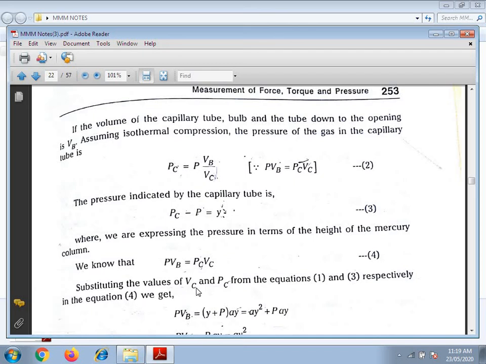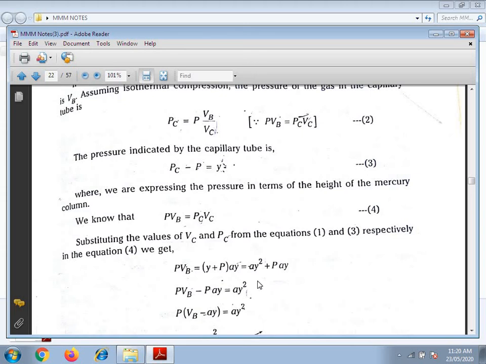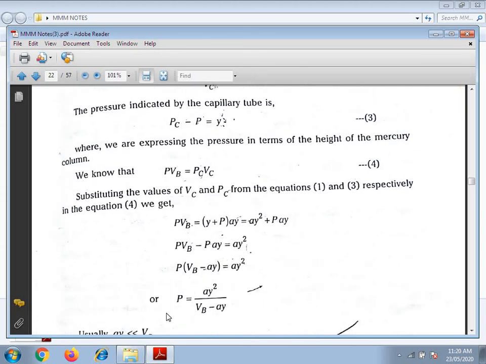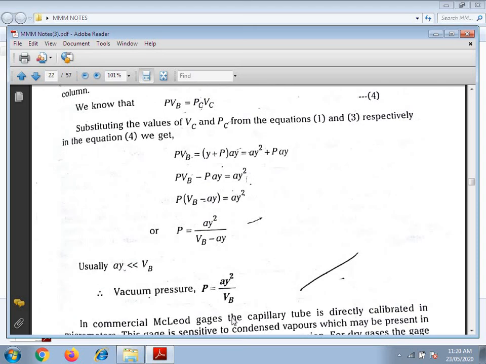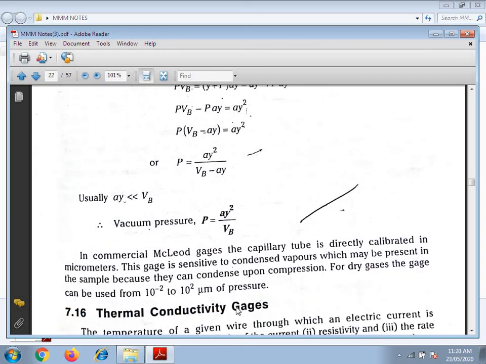So substituting these values of PC from equations 1 and 3 respectively in equation 4, we will get this one. To simplify, we get P is equal to AY square divided by VB minus AY. Usually AY is lesser than VB, so vacuum pressure P is AY square divided by VB.